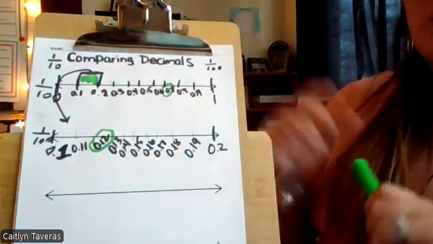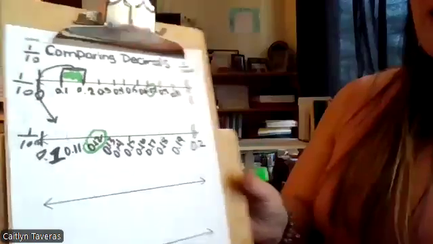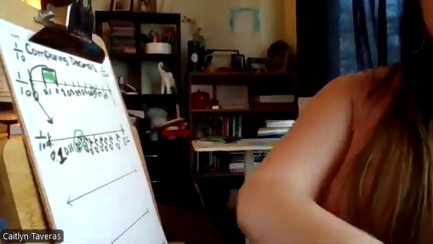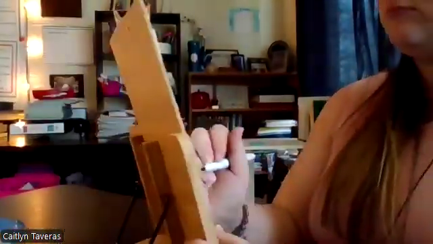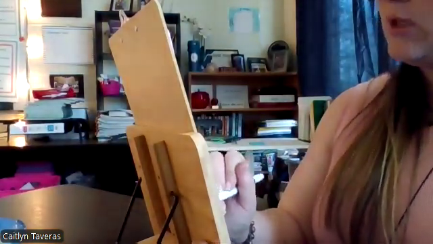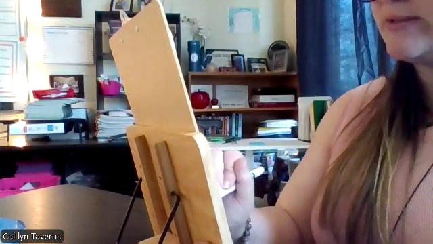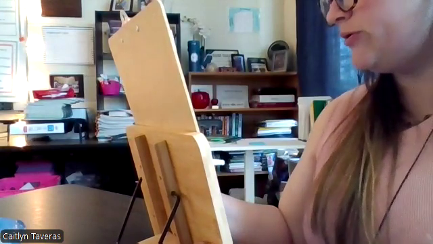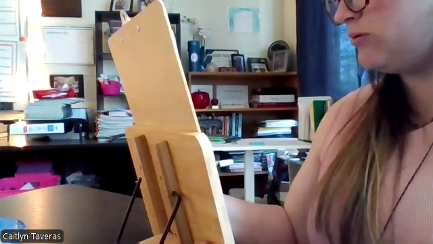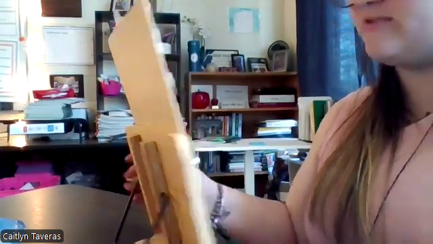Now, let's do all of it on a number line. Let's go from, let's say, 1/10 again. Let's do 4/10 to 5/10.